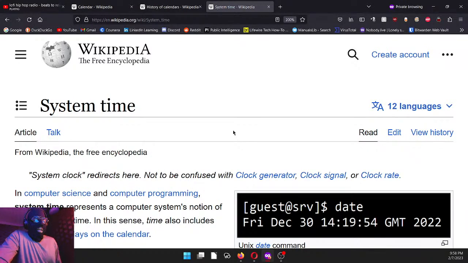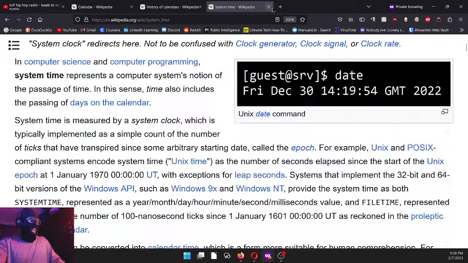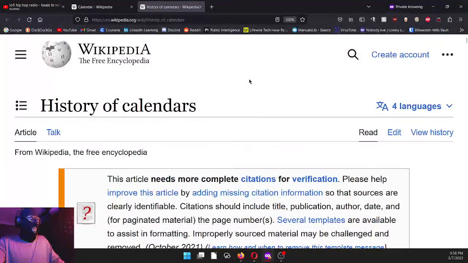I might cover this one day, maybe even when I finish the whole calendars pages. But this goes to show a lot of things about how time and calendars are measured.